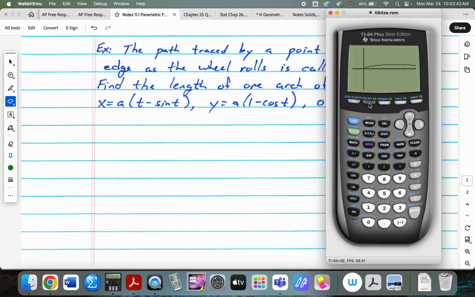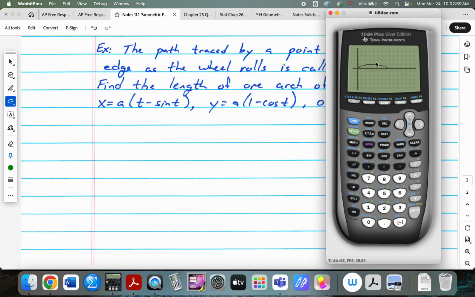I didn't make the x window big enough. Yeah, I was like, man, something's badly wrong.